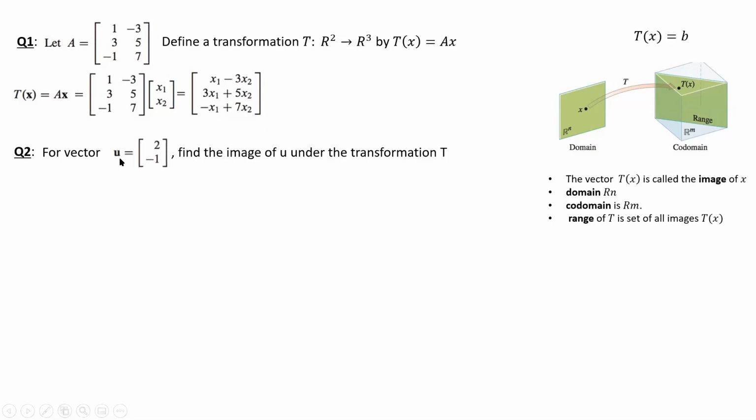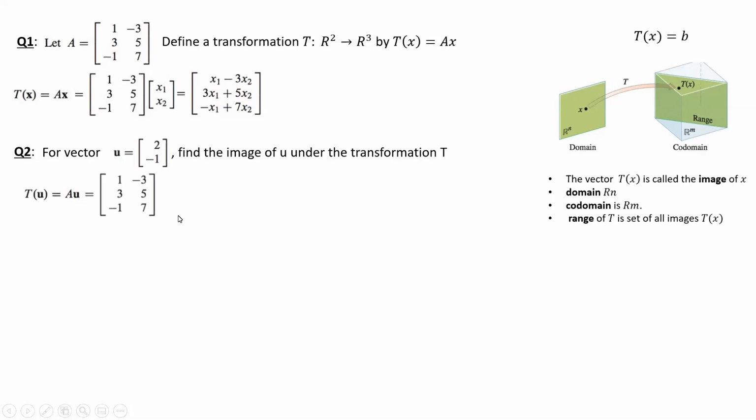What if we are given a very specific vector u? For example, what kind of image does that specific vector produce if we apply the transformation T? Again, we start with the explicit definition of our transformation as a matrix multiplication. We take our matrix A and multiply it by vector u.